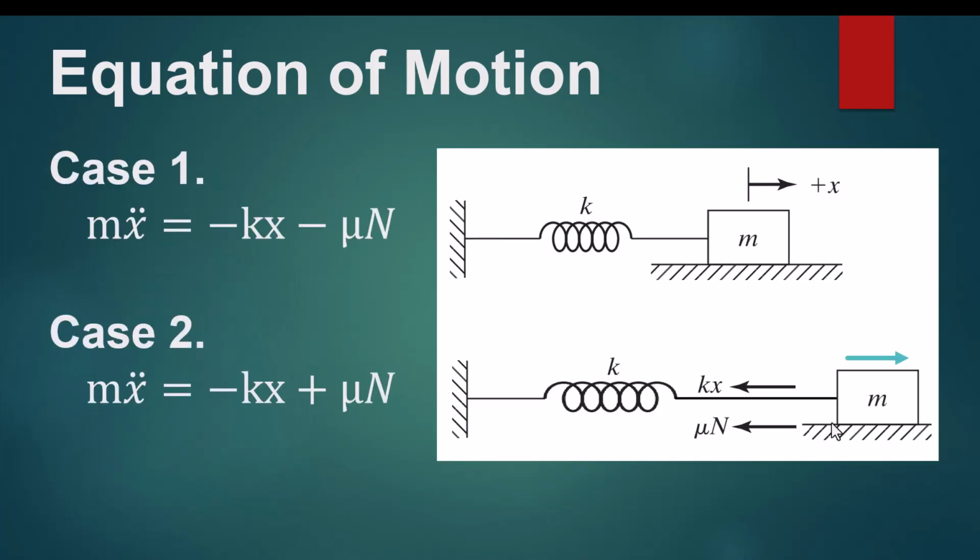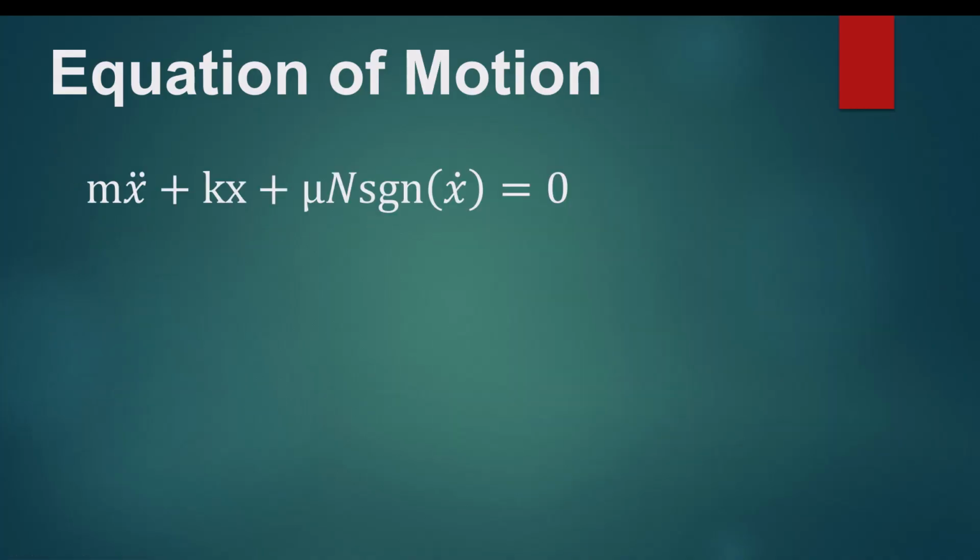As you can see, for each half cycle we have to write a different equation of motion, since the direction of the friction force changes after each half cycle. But using the sign function, we can get around this problem. Both cases can be put together in a single equation of motion using the sign function.